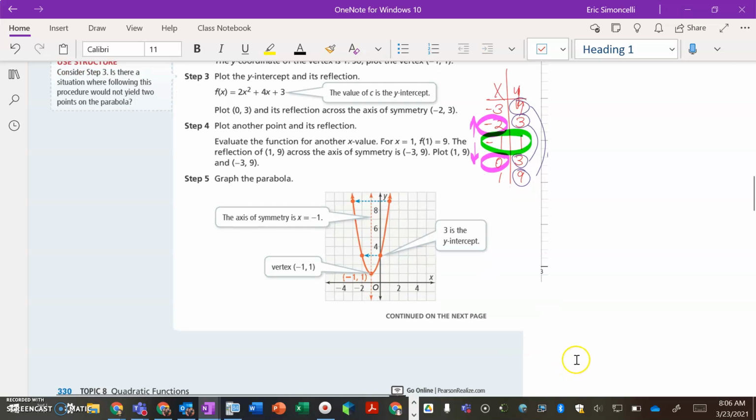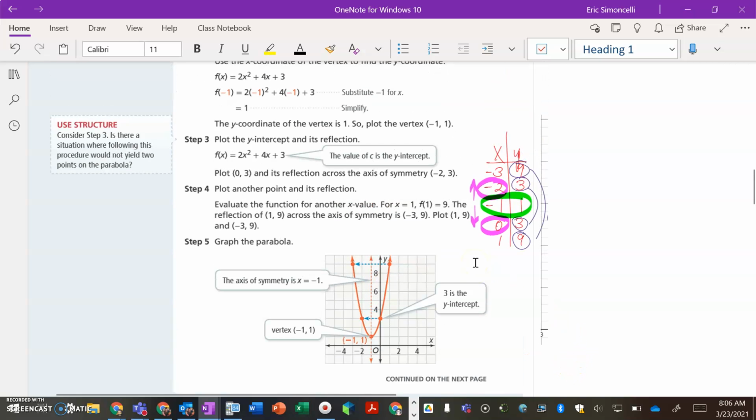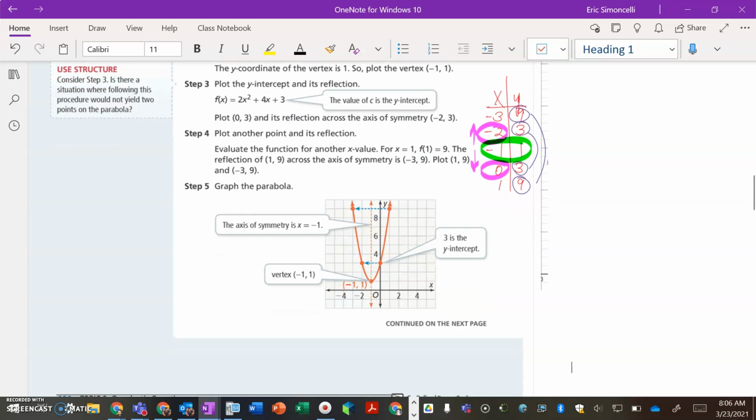One thing to take into account as to why these points were picked and why they serve our purposes well is that -2 and 0 are the same distance from -1, as -3 and 1 are the same distance from -1. And you can actually gauge that by virtue of the graph as well.